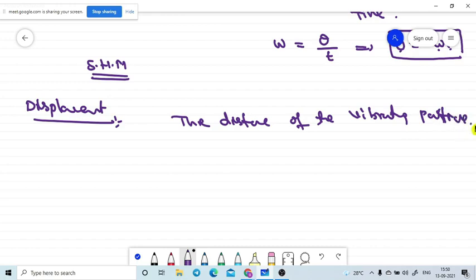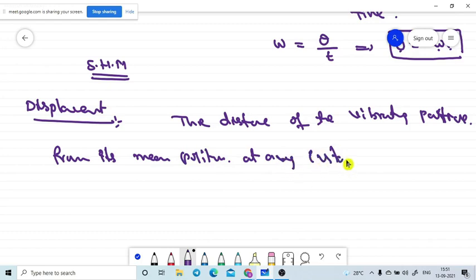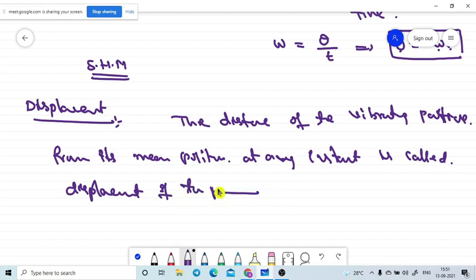The distance of the vibrating particle from its mean position at any instant is called the displacement of the particle.